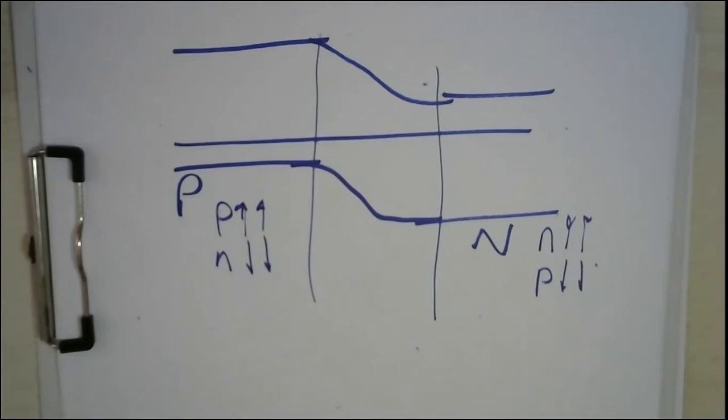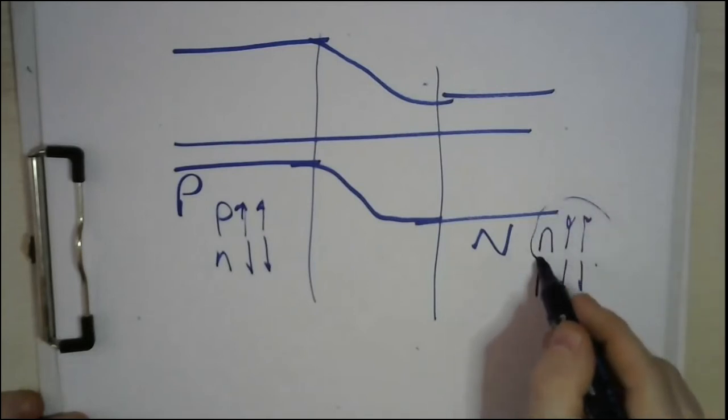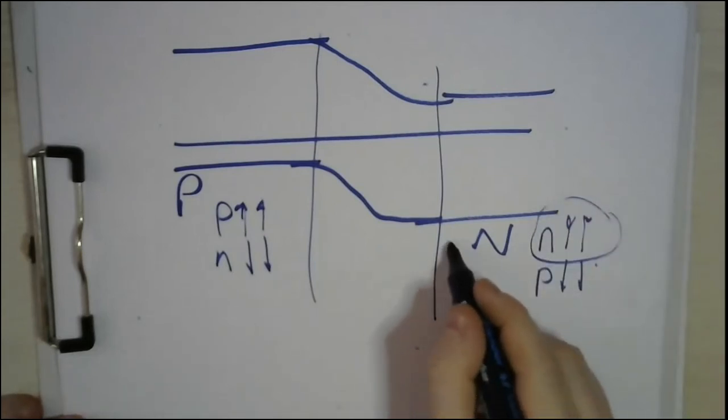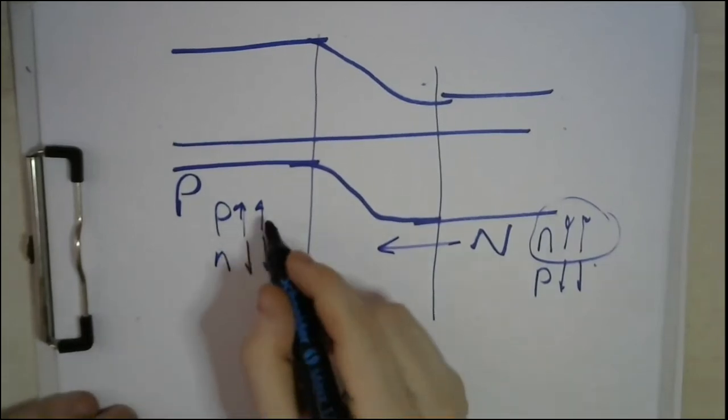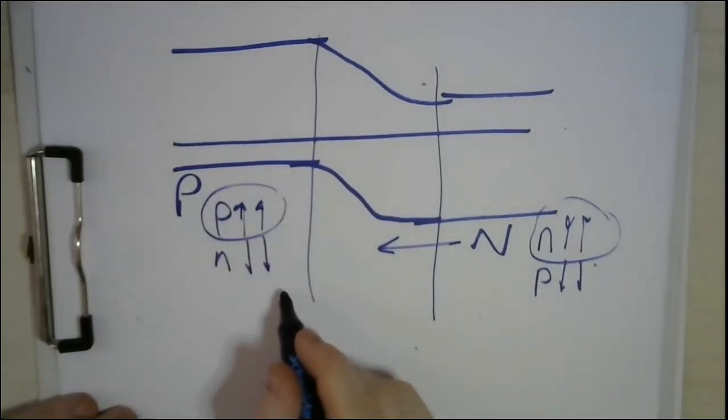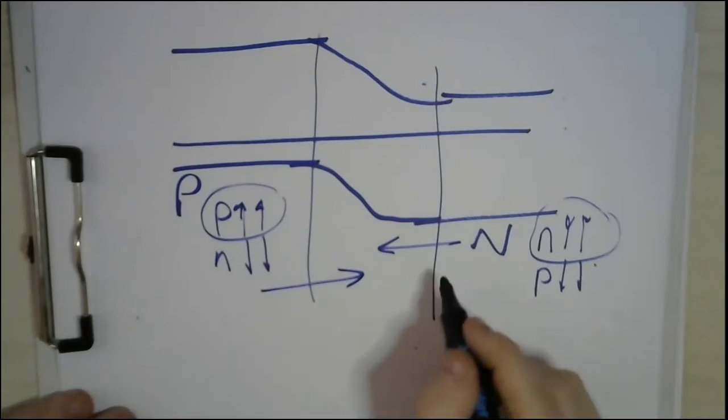But in order to have a significant current, you have to push, to motivate the majorities. That means that you need the electrons here, which are the majority, to move in this direction. And typically, the holes here to move in this direction.